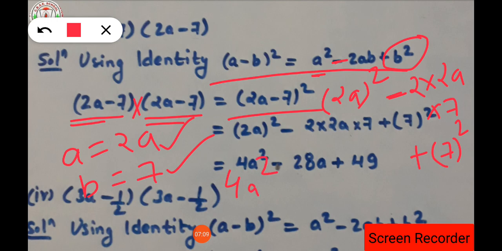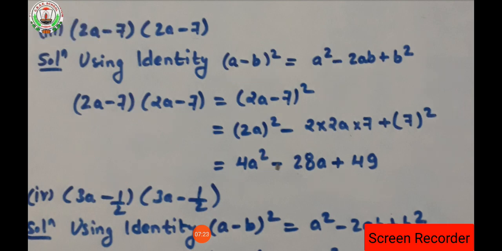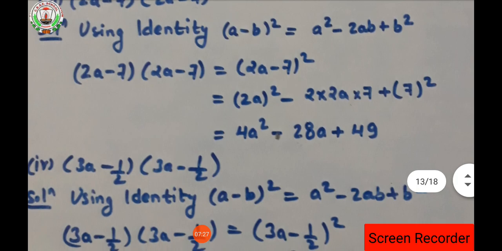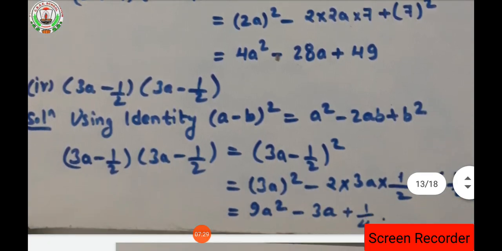Then minus 2 into 2a will be minus 4a. Then minus 4a will multiply with 7, it will become minus 28a. And then 7 into 7 will be 49. So the answer is 4a square minus 28a plus 49.